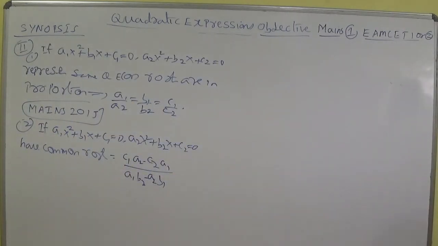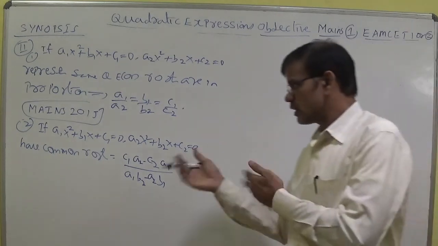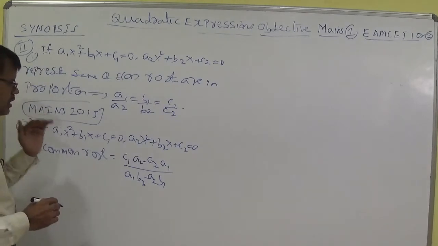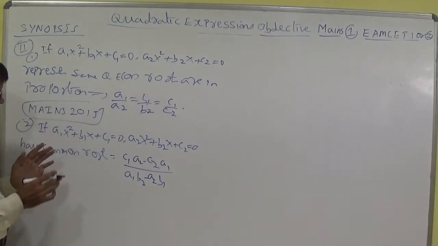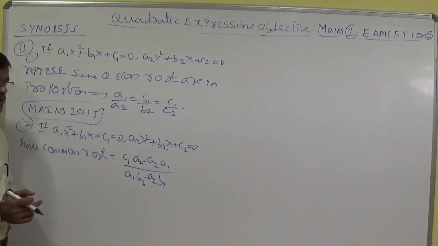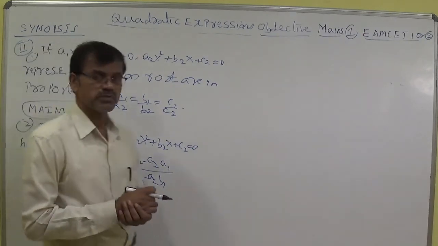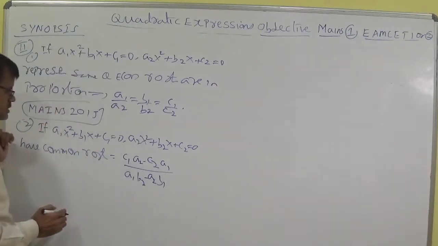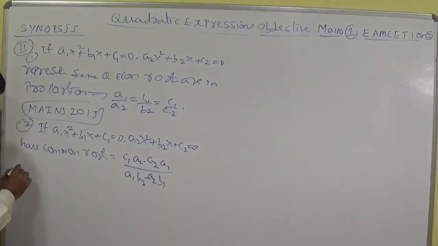If a question gives any common root for the two quadratic equations a1x square plus b1x plus c1 equal to 0 and a2x square plus b2x plus c2 equal to 0, you can directly use the formula c1a2 minus c2a1 by a1b2 minus a2b1.